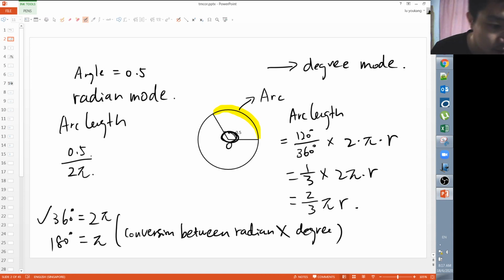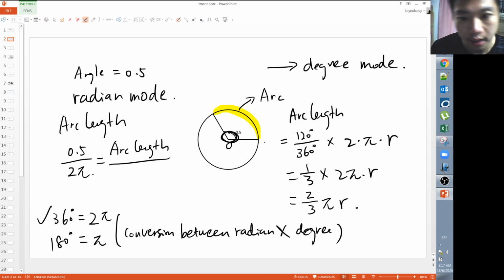Now, since you have taken 0.5 over 2 pi, similarly you take the arc length over the entire perimeter of this circle, which is 2 pi r.